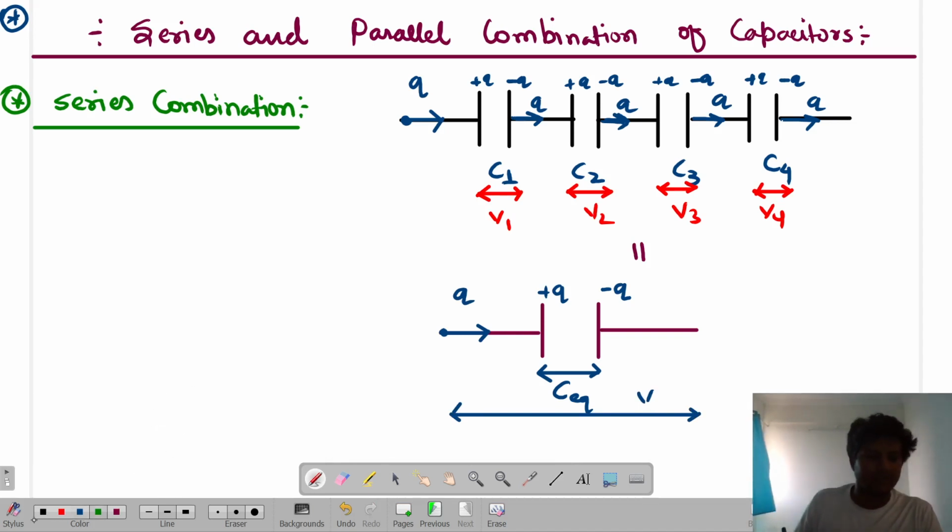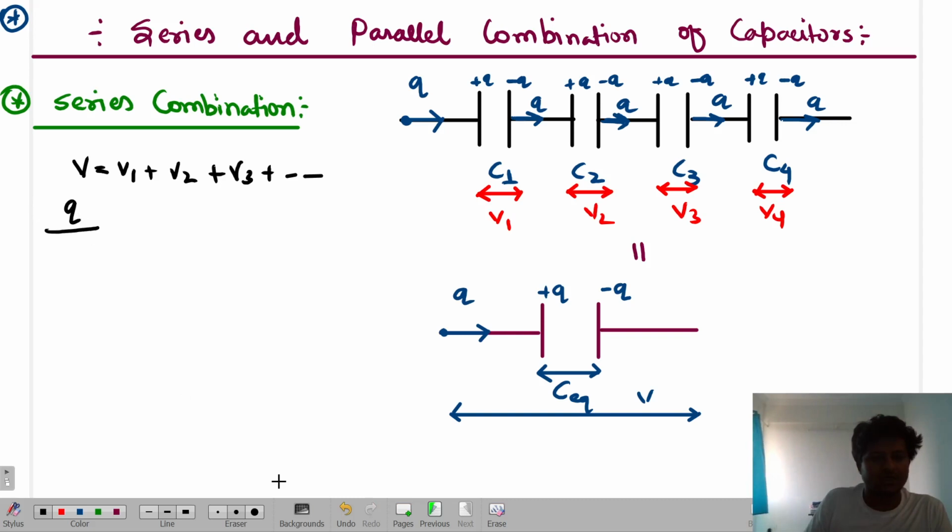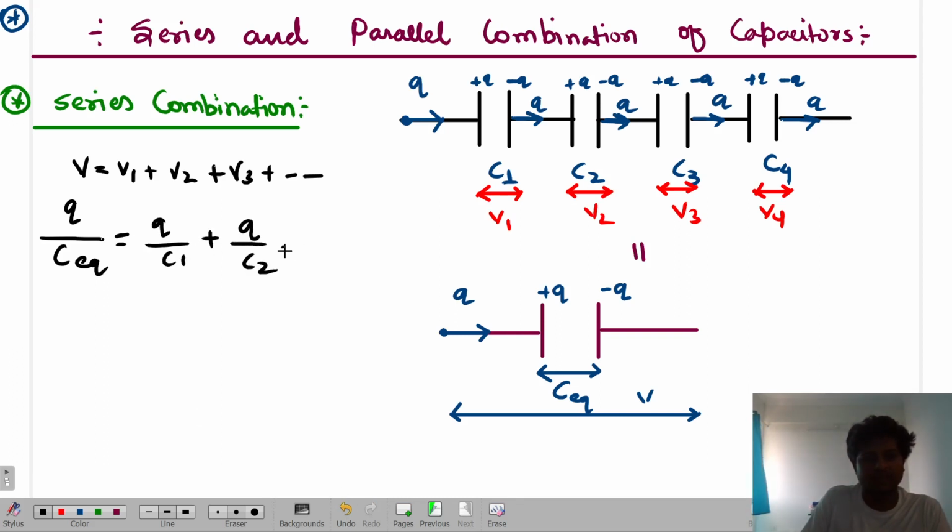So look over here, net potential developed is how much? V will be equal to V1 plus V2 plus V3 and so on. So net V, Q is equal to CV, so it will be Q by C equivalent, and that will be equal to Q by C1 plus Q by C2 plus Q by C3 and so on.